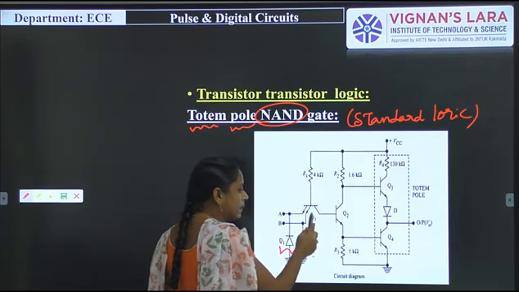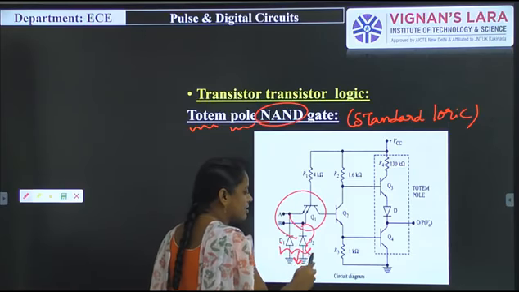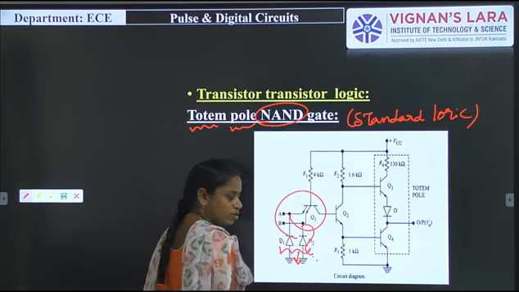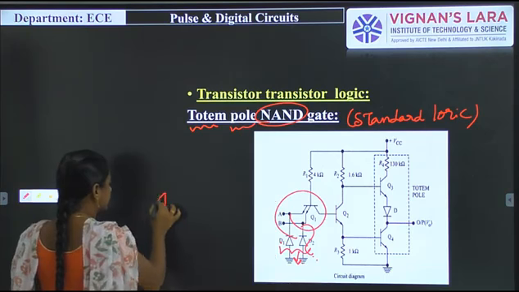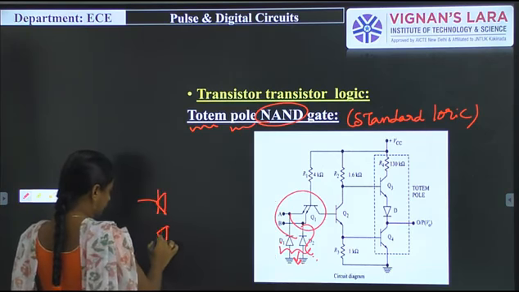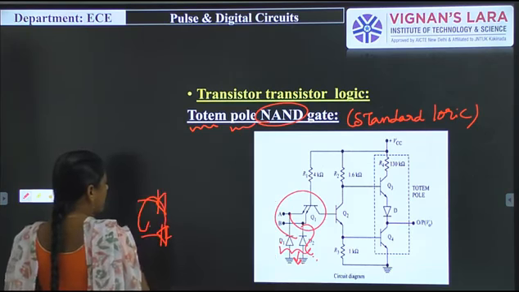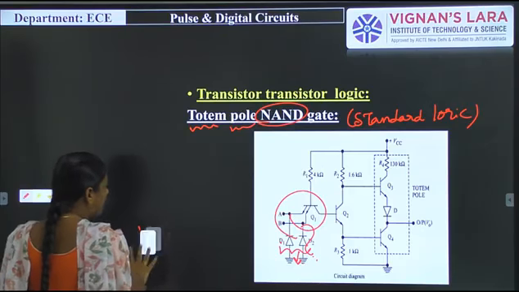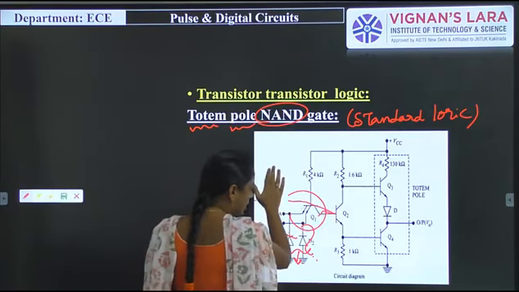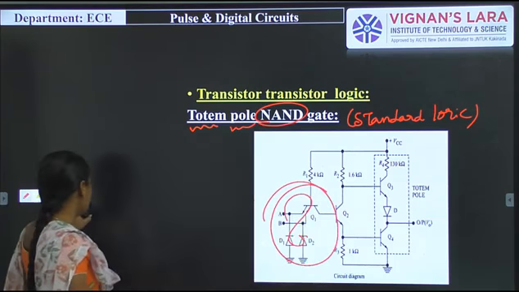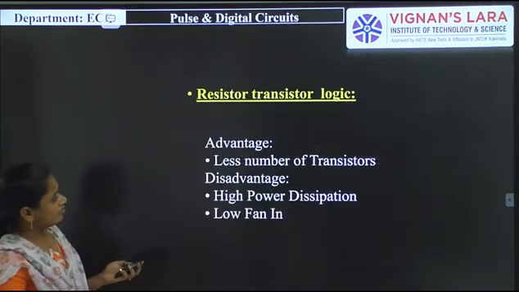After that, this circuit acts as an AND gate, like a diode AND gate. It works like the diode AND gate, so whatever the operation of the diode AND gate is, the same thing will be followed here also. This Q1 connection acts as DTL logic, that is diode logic.